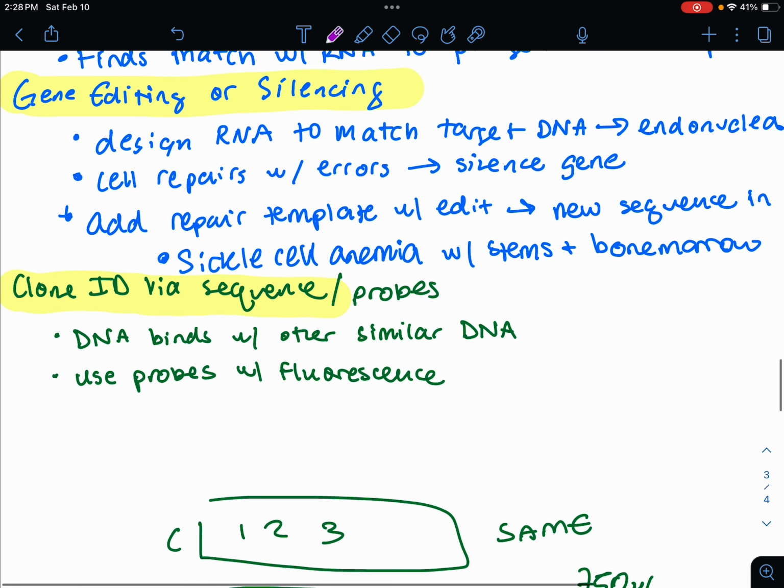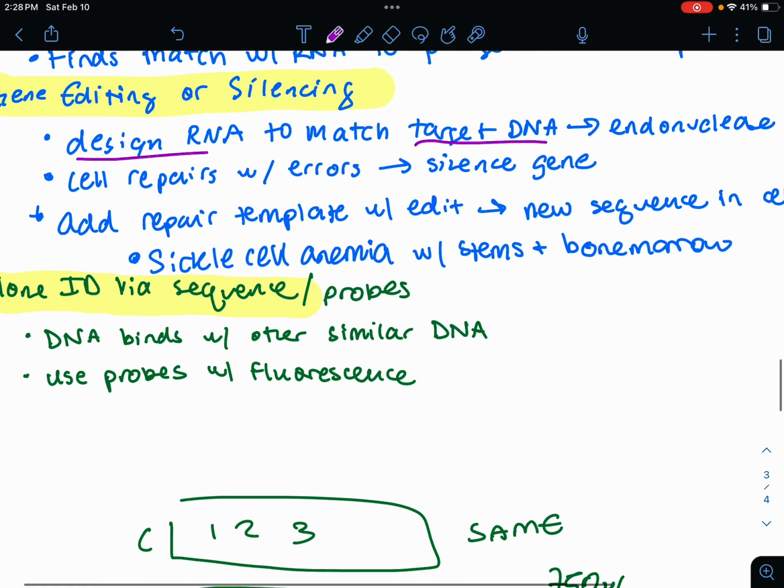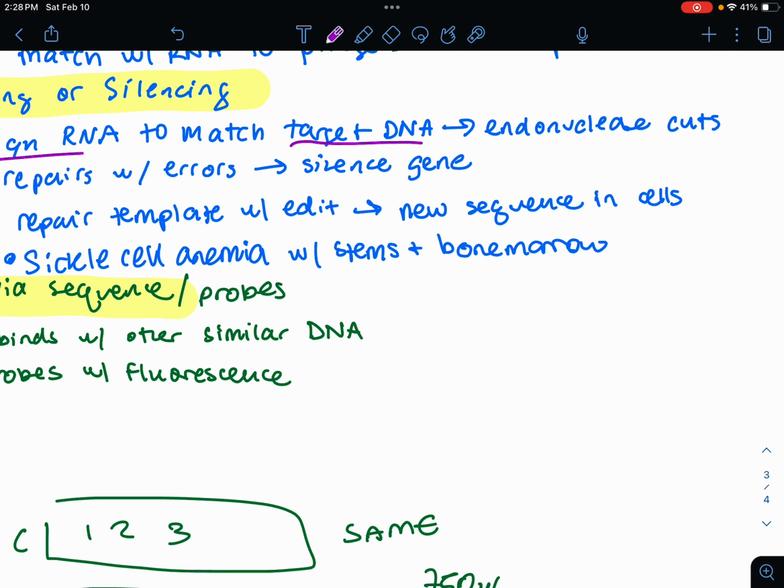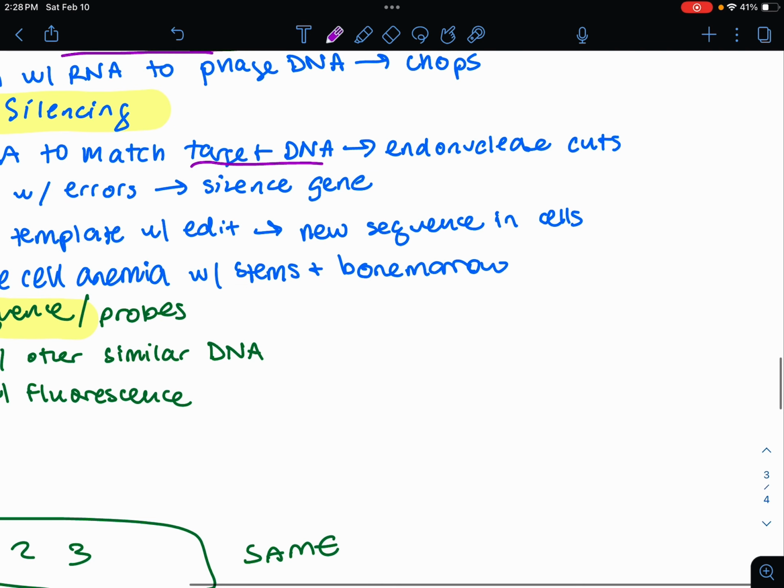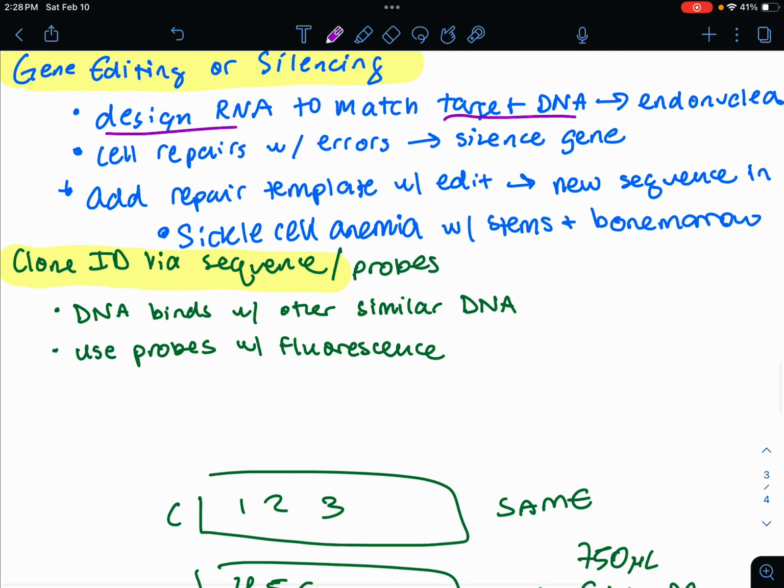We could use CRISPR for gene editing and gene silencing. So we're going to first design a guide RNA to match the DNA region of interest, the target DNA. Then you're going to have the endonuclease to cut both strands of targeted DNA. Okay, now gene silencing.